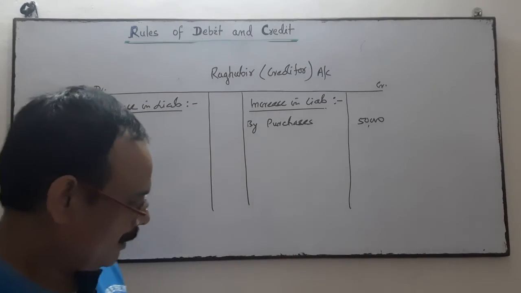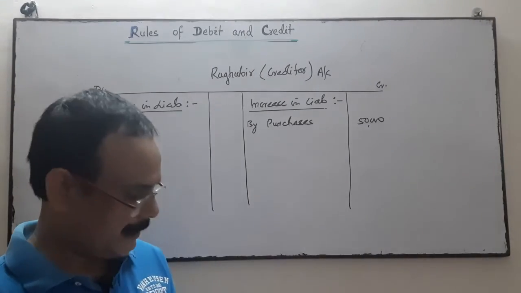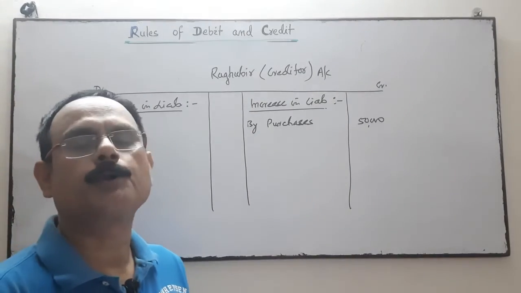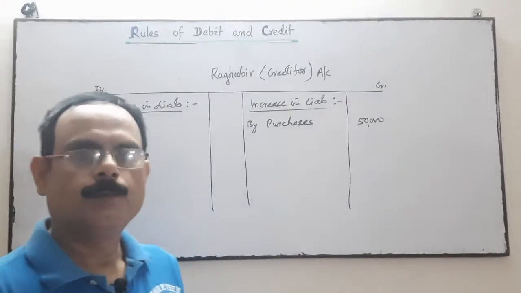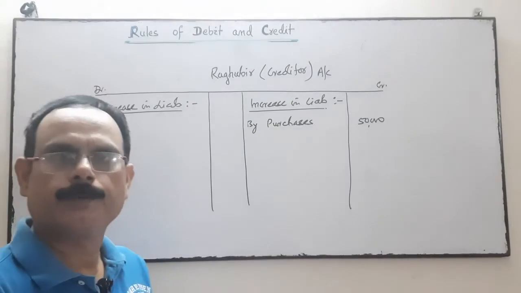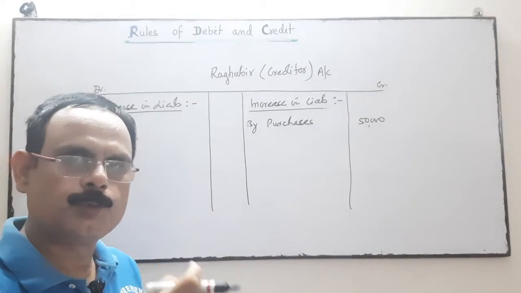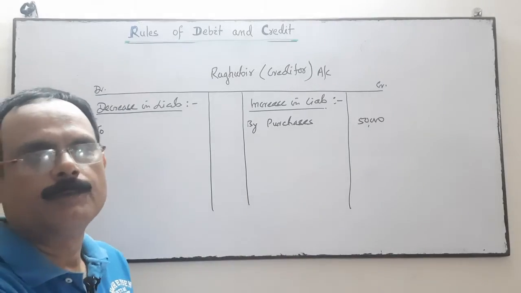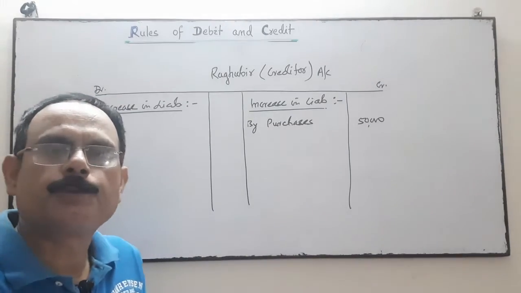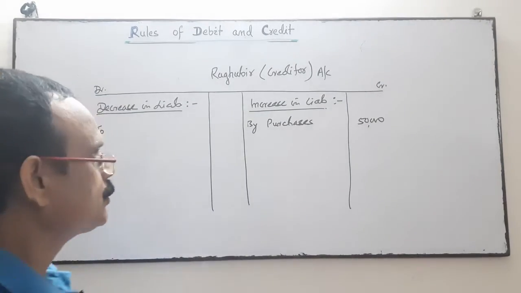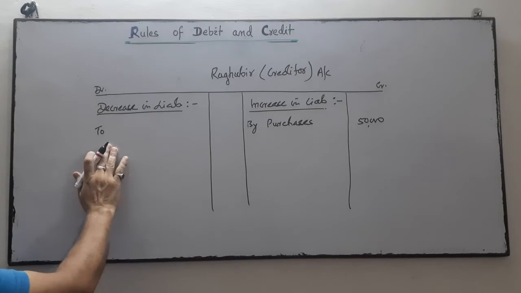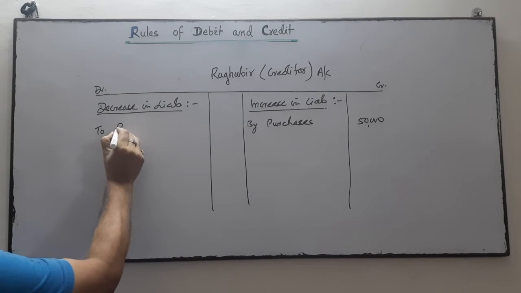Now second, return goods to Raghuveer for rupees 5,000. We have returned goods to Raghuveer. The goods which were purchased from Raghuveer, those goods have been returned. When the goods have been returned, it means we have to pay a lesser amount in future. So this will decrease your liability. So return we will write this side.